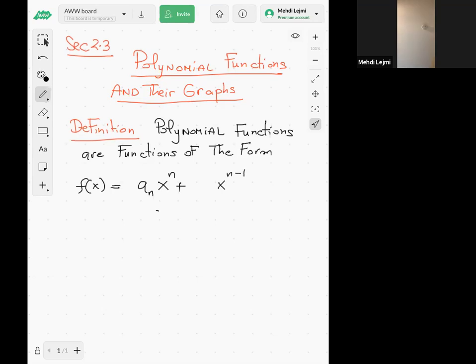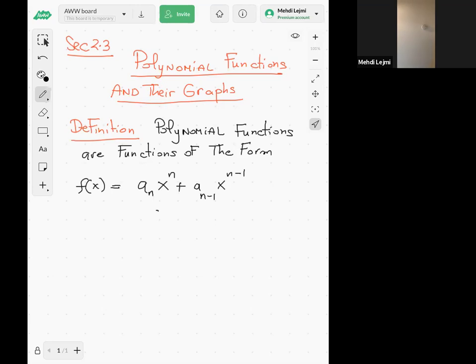For example, if n is 5, so you have x to the power 5, then after x to the power 5 you're supposed to have x to the power 4. So that's why we have n minus 1. So 5 minus 1 will be 4. And in front of x to the power n minus 1, you have some real number, and we denote such a number by a subscript n minus 1, etc.